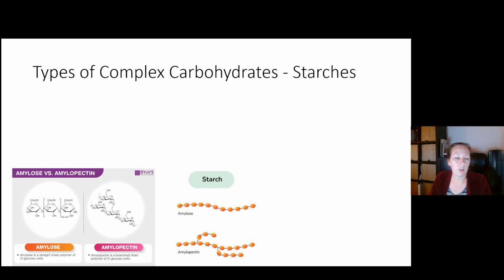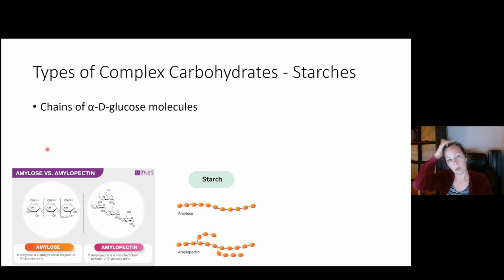So we can further classify these complex carbohydrates into several different types. The first type is going to be the starches. The starches are chains of alpha D glucose molecules.